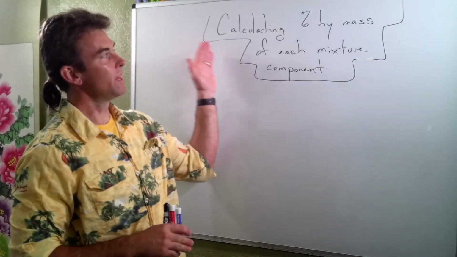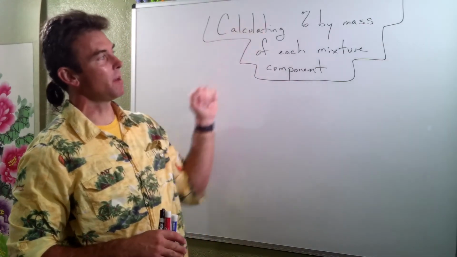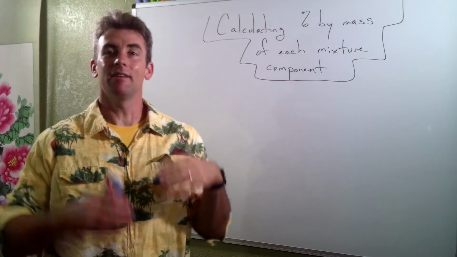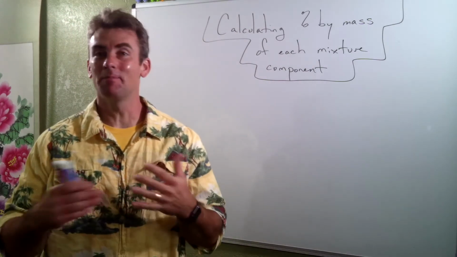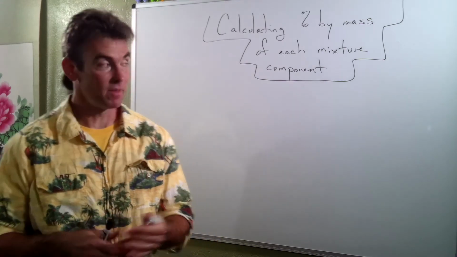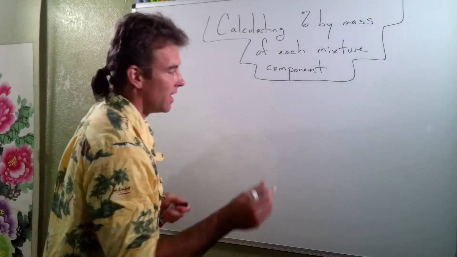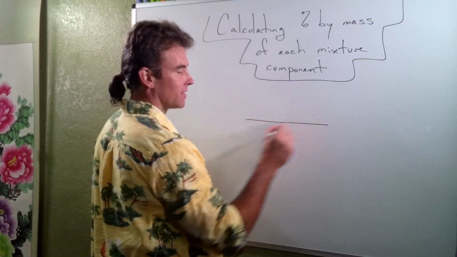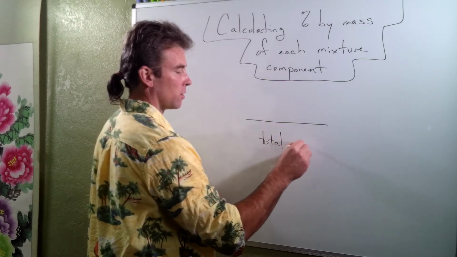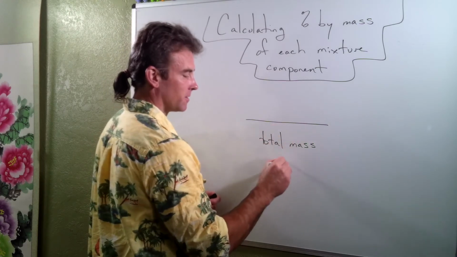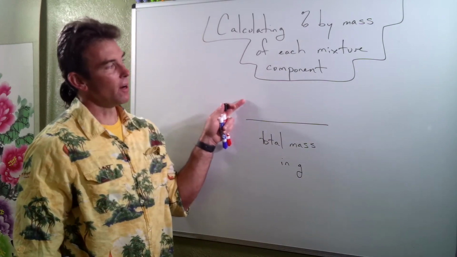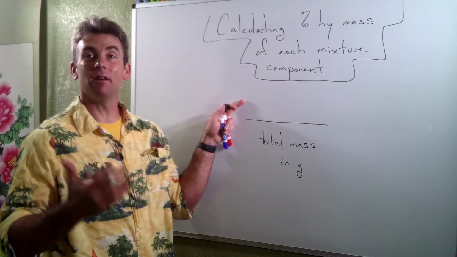Okay, so this is going to show you how to calculate the percent by mass of each mixture component. What we end up with at the end should add up to somewhere near 100% if we've done everything correctly. And what you're going to do is take the total mass of whatever your sample is in grams, and then over that number, you're going to put the mass of a particular component.